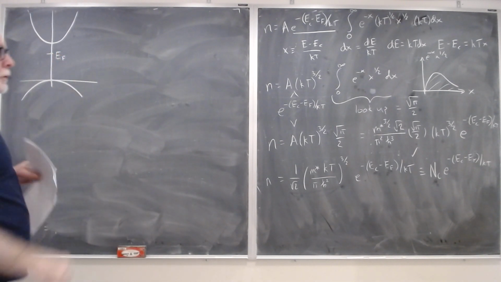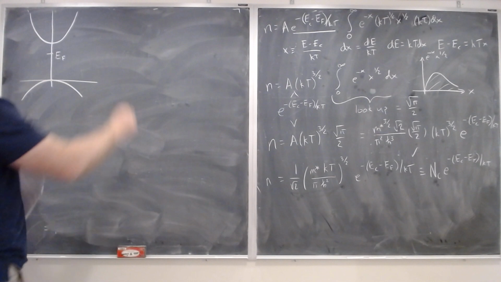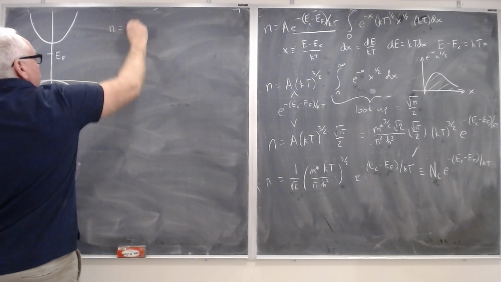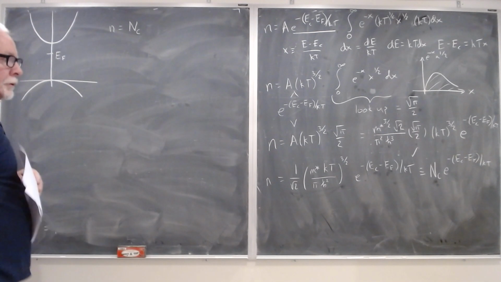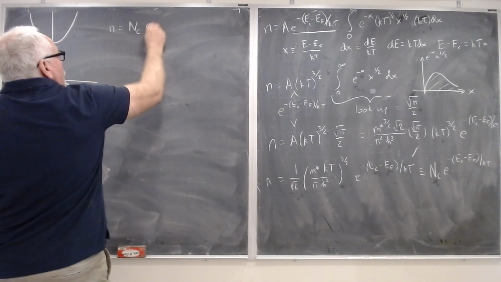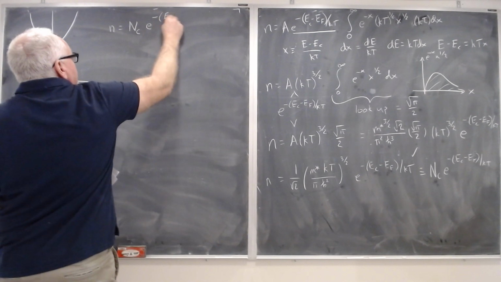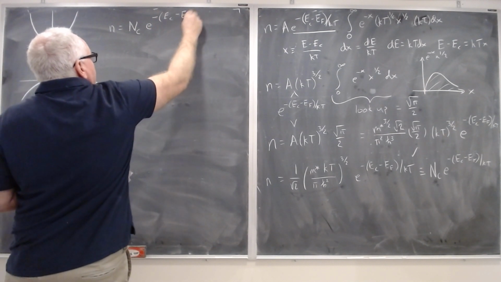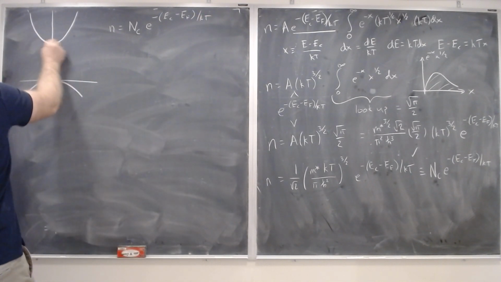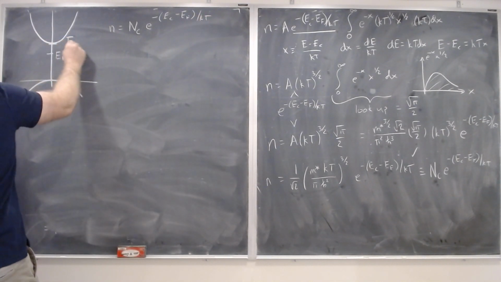And so what we found is that n is equal to N sub c, this quantity here, e to the minus (Ec minus Ef) over kT, where this is E sub c.